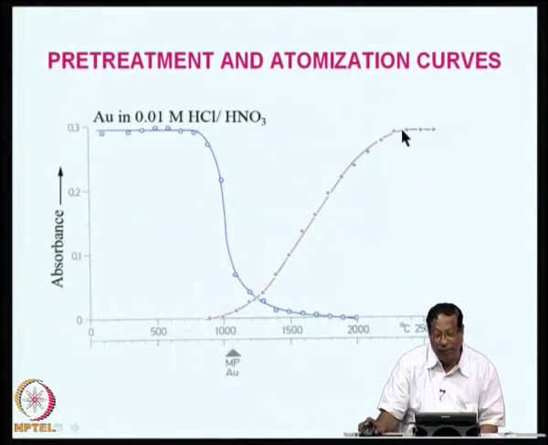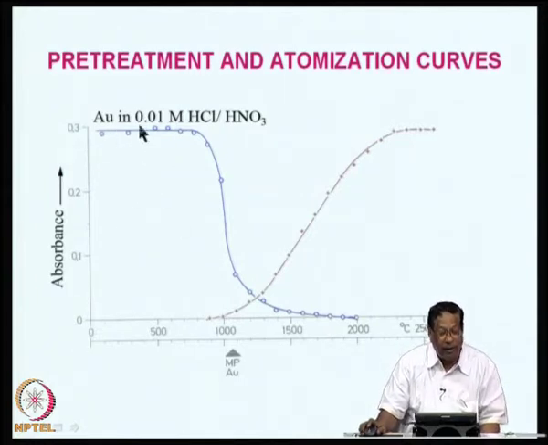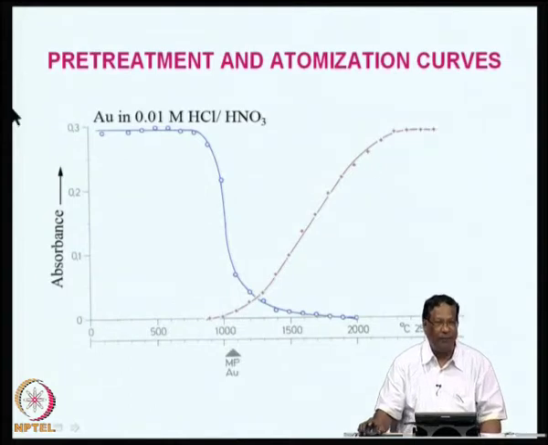So, it should be in the area where the curve becomes horizontal to the x axis. So, somewhere around 2300, if you measure, you will get the proper absorbance. You can see that in the pretreatment, that is in the blue color, the atomization temperature is kept maximum and then pretreatment temperature is varied. Here pretreatment temperature is fixed and atomization temperature is varied.